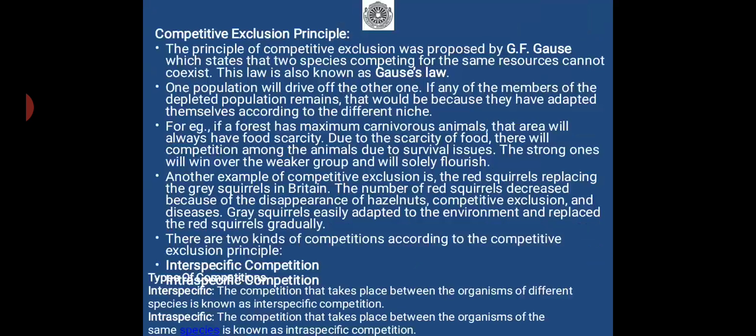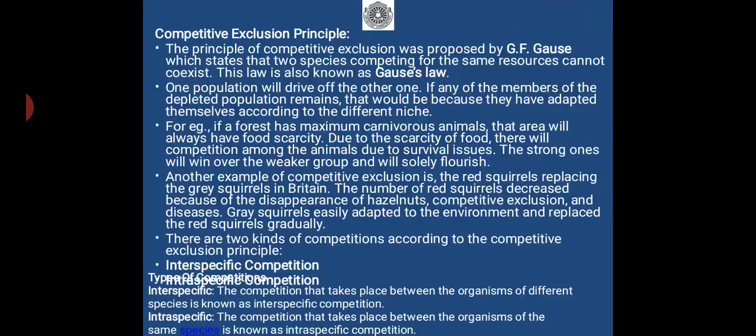Coming to another principle, the competitive exclusion principle, which was explained by a very famous scientist by name Gause. The principle of competitive exclusion was proposed by G.F. Gause, which states that two species competing for the same resources cannot coexist, and this law is also known as Gause's law.